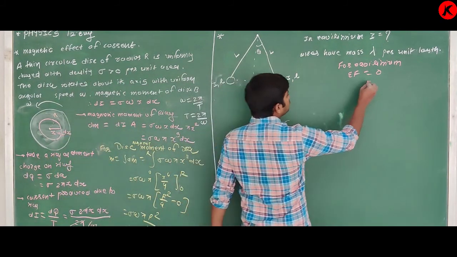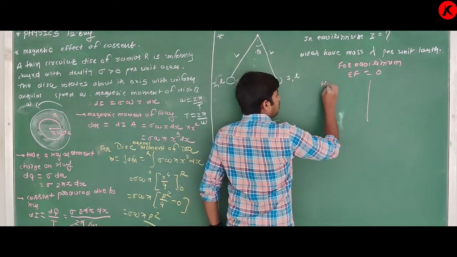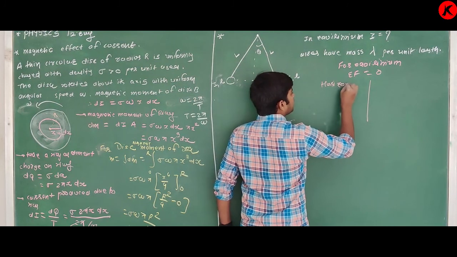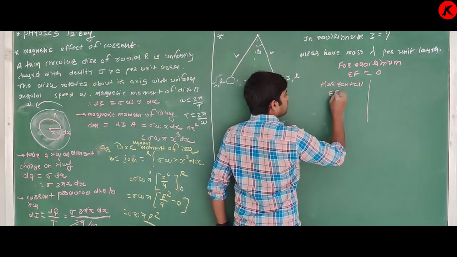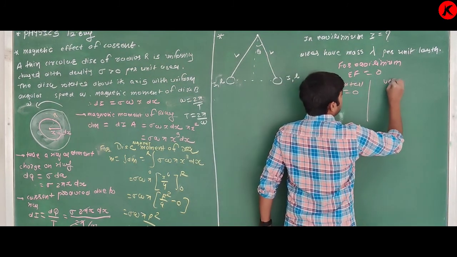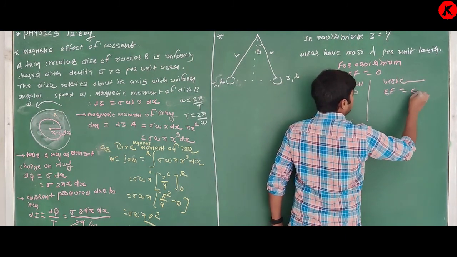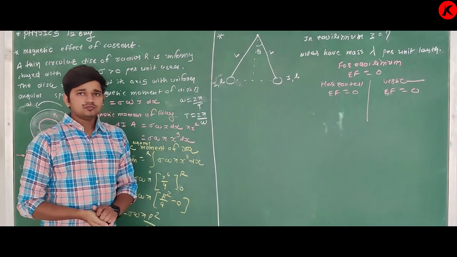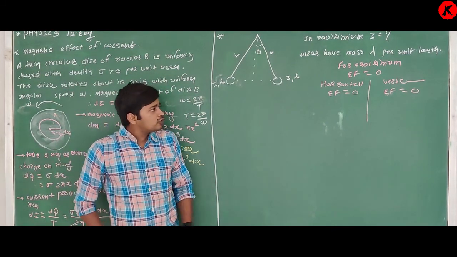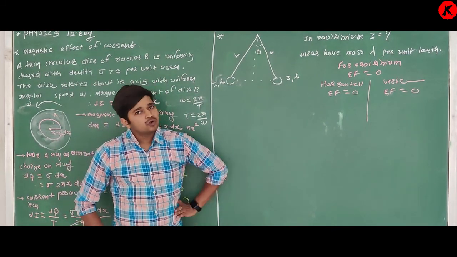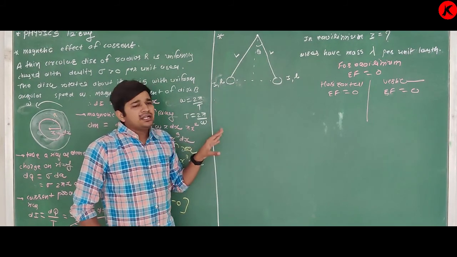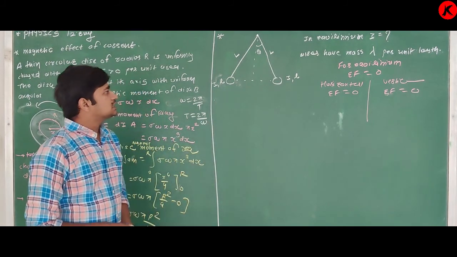Sigma F equal to 0 means that in the horizontal plane sigma F is equal to 0, and in the vertical plane sigma F is equal to 0. So first of all, you have to identify the number of forces acting on this system.